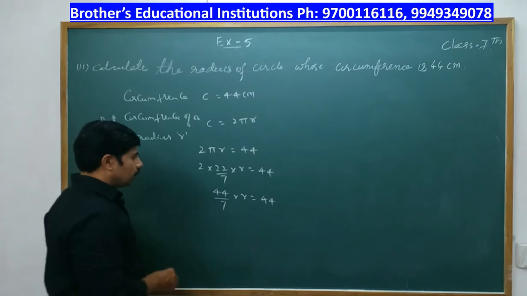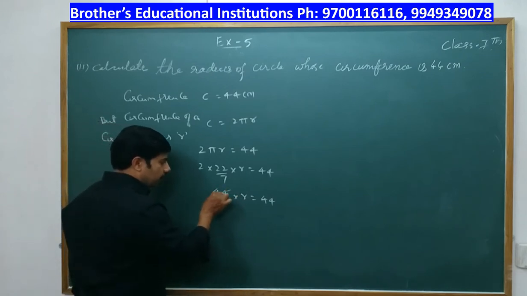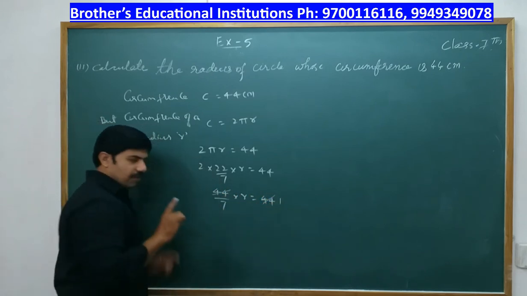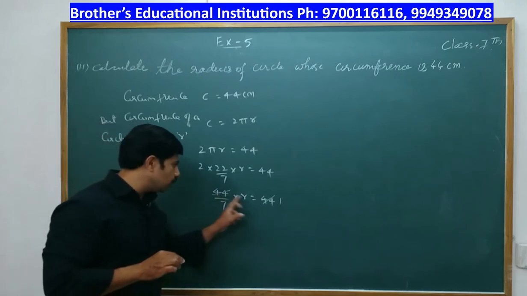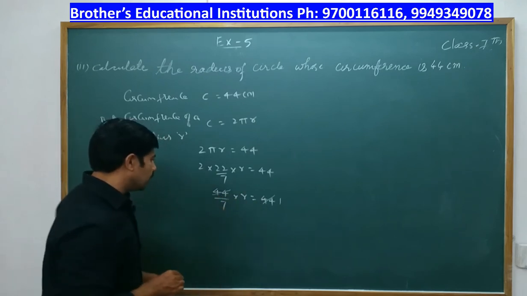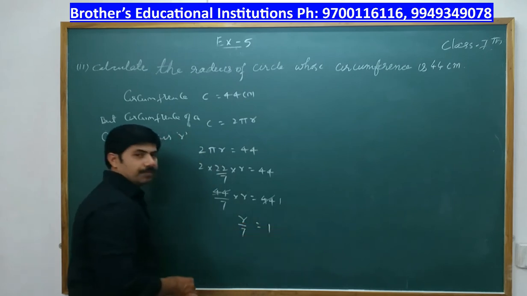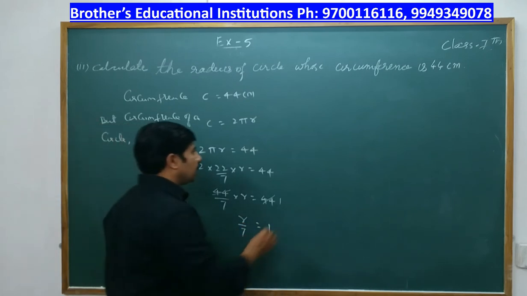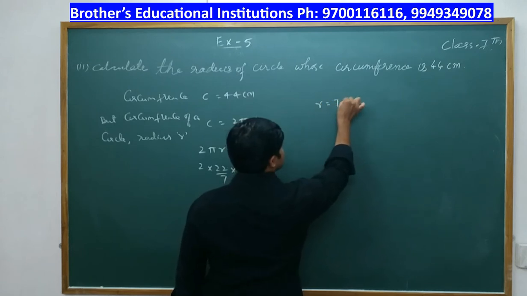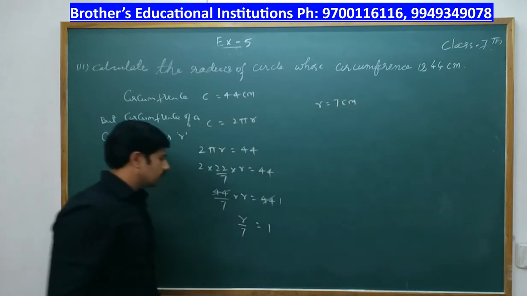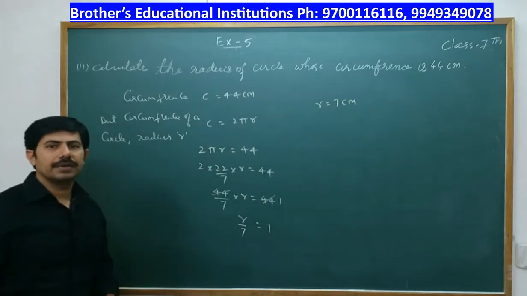See, here we can eliminate: 44 is equal to 44, when you have an equals sign, you can cancel the numerator. Okay. So I cancelled. So we have r by 7 is equal to 1. So if I cross multiply, I'll get r is equal to 7 centimeters. Okay. So this is completed.